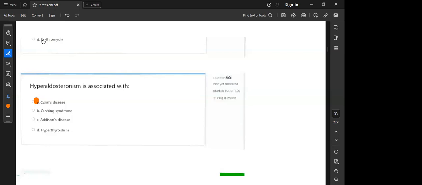So Cushing is caused by hypercortisol, like high levels of cortisol, right? Any other cause of Cushing syndrome? Somebody say it again, zote tatu pamoja. Now I'm confused. Cushing syndrome is caused by hypercortisol. And then Addison's is vice versa, hypocortisol. Okay. Yes.